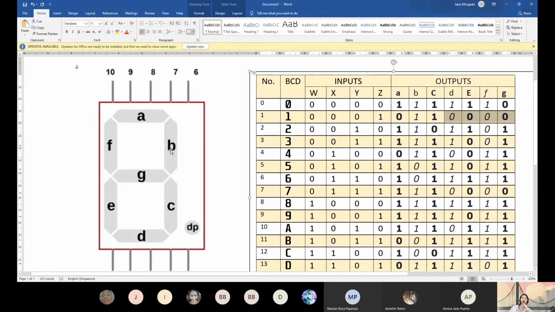Because you only need to light up B and C. The rest are off or 0. Question? Can you follow, class?